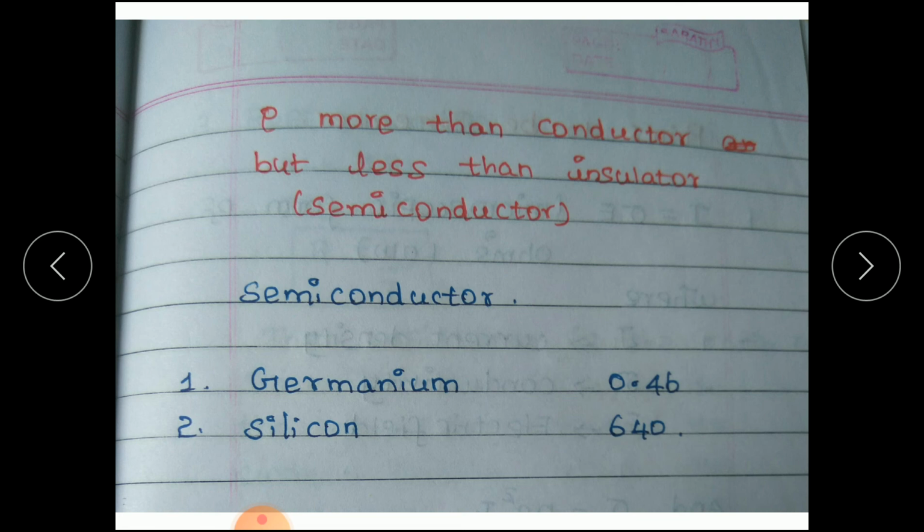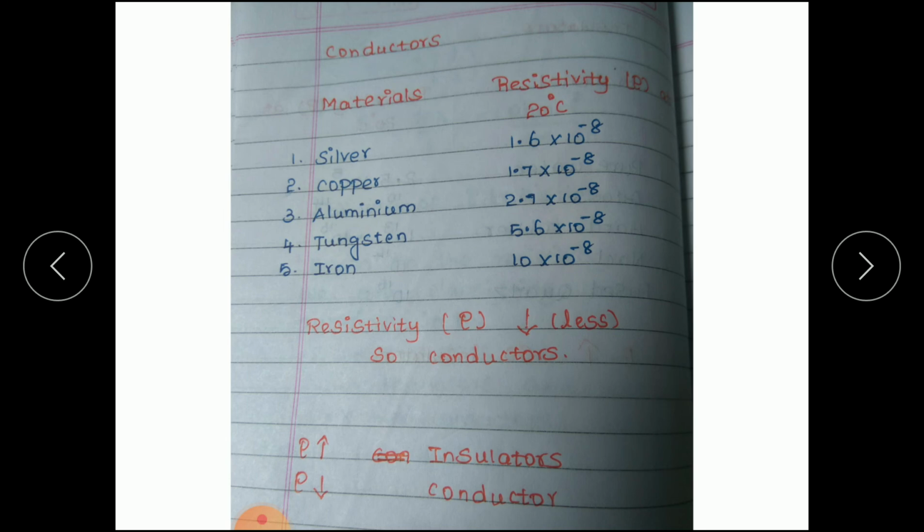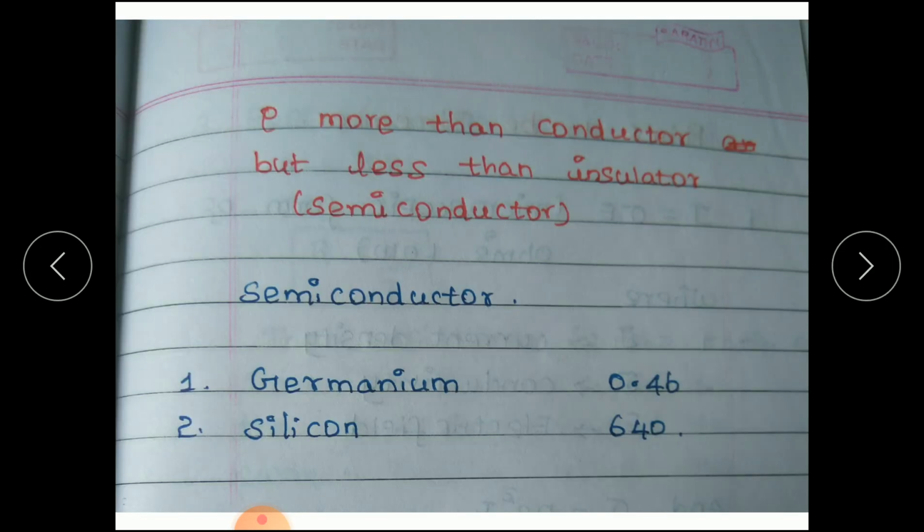That is called a semiconductor. In your book two semiconductor materials are given: germanium, with resistivity value 0.46, and silicon, with resistivity value 640. So I repeat once again, for insulator the resistivity value will be very high, for the conductor very low, and for the semiconductor more than conductor but less than insulator.